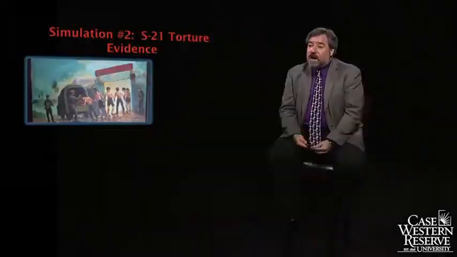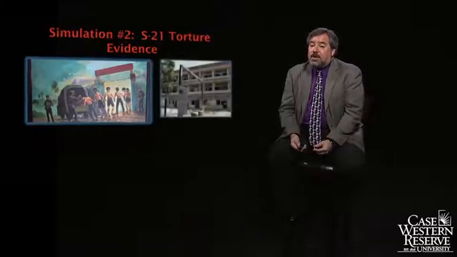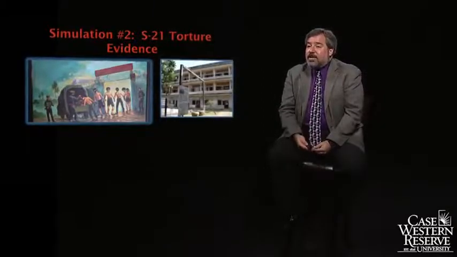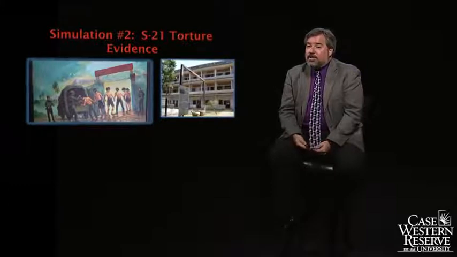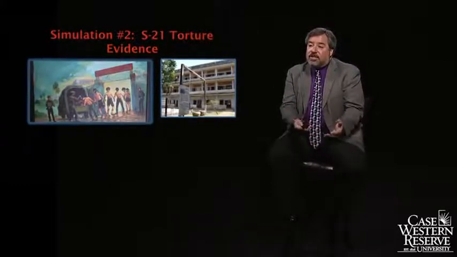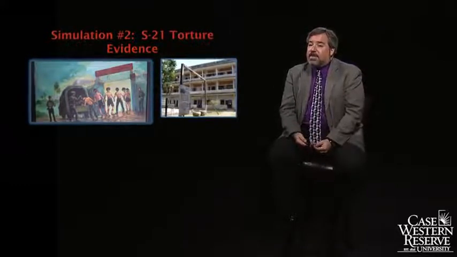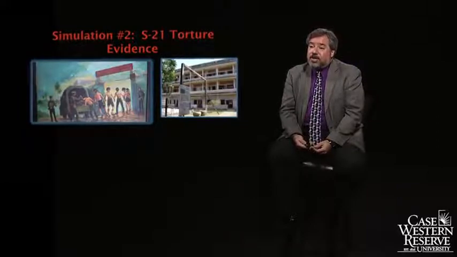S21 had been a regular high school, but it had been converted into the world's worst torture chamber. And the people who went there were often subject to the most heinous types of abuse you can imagine. And almost every one of them confessed that they were a Vietnamese or CIA spy. So they were kept together in these areas that had horrible conditions, chained like slaves in the old slaving ships. This is an actual picture from the museum that still exists today.